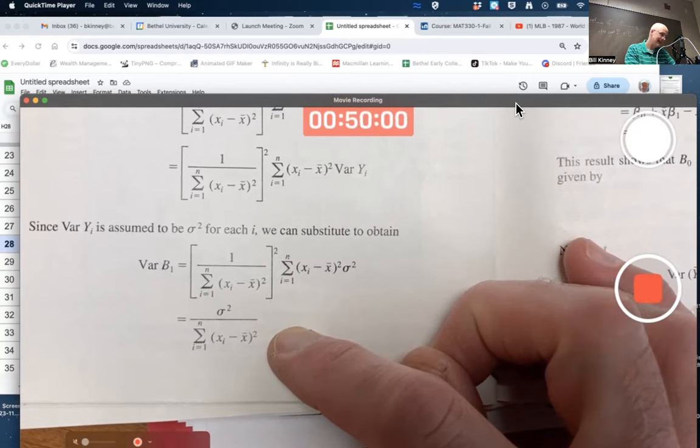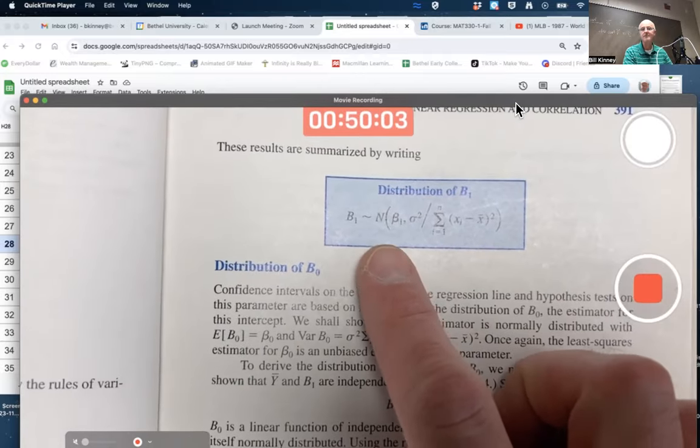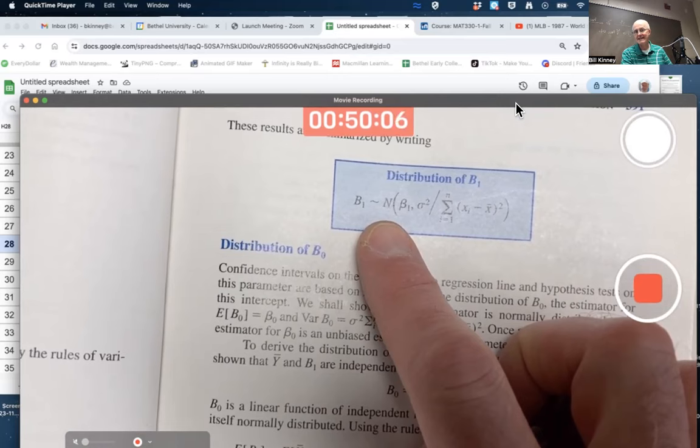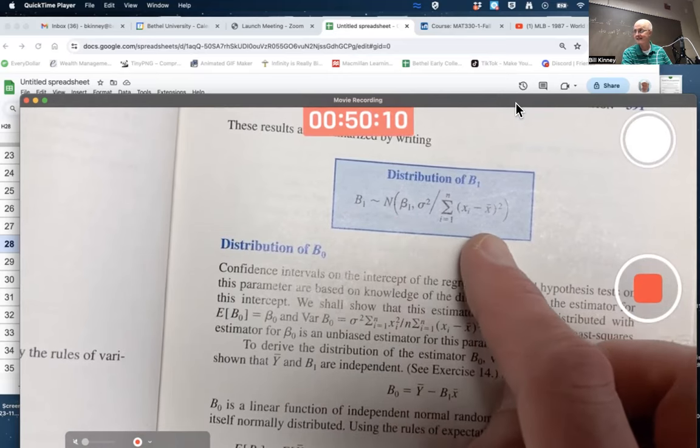Leading to this conclusion, ultimately, and B1 is also normal, by the way. B1 as a statistic is normally distributed with mean beta 1 and this variance, and you'd have to take the square root of that thing to get the standard deviation then.